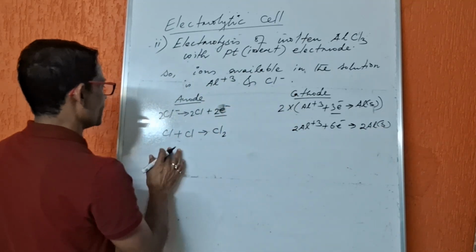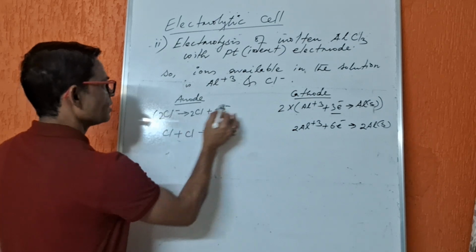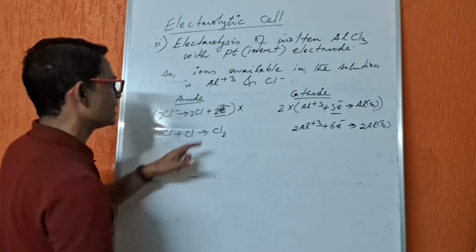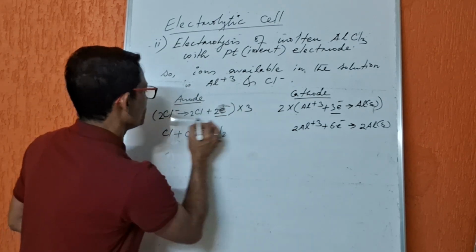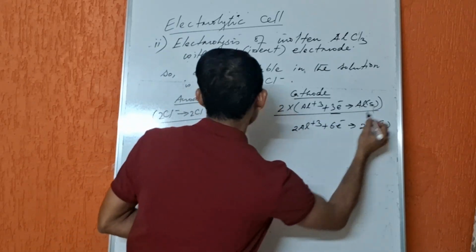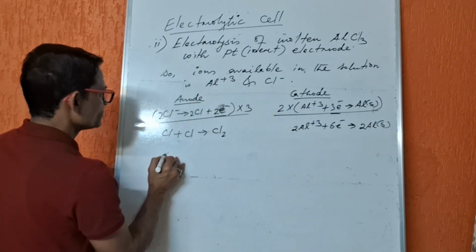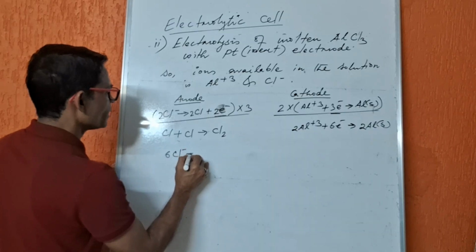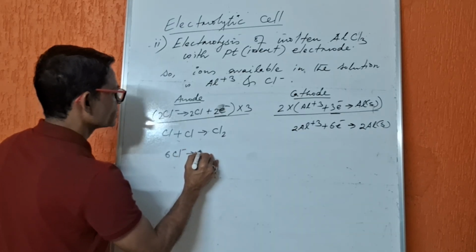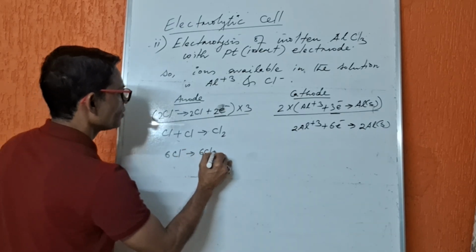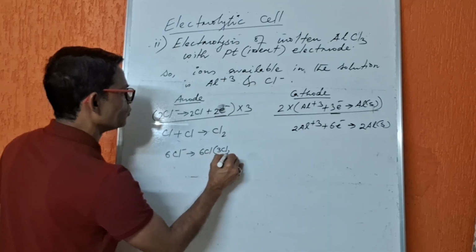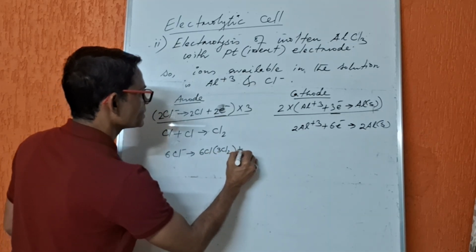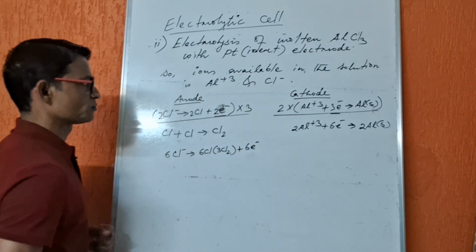At the anode, multiply by 3 and we get 6Cl minus giving 6Cl or 3Cl2 plus 6 electrons.